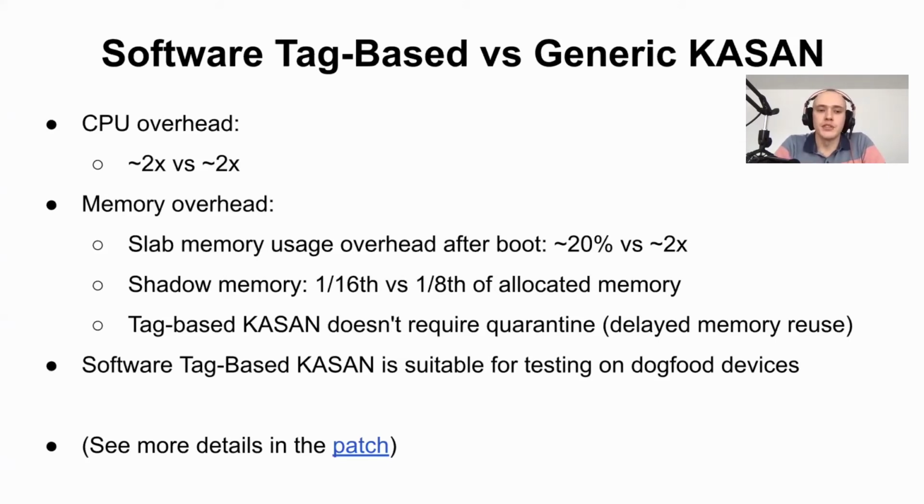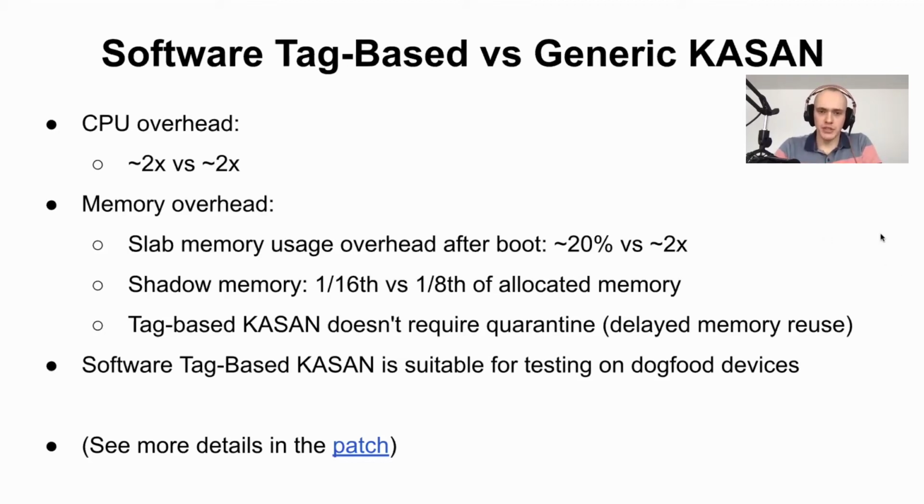The first part is slab memory usage overhead. It comes from the fact that we need to store metadata after the object, and then we have to also align the objects up to the granule size. In the case of generic KASAN, the overhead is 2x, but in the case of tag-based KASAN, it's only 20%, which is extremely low.